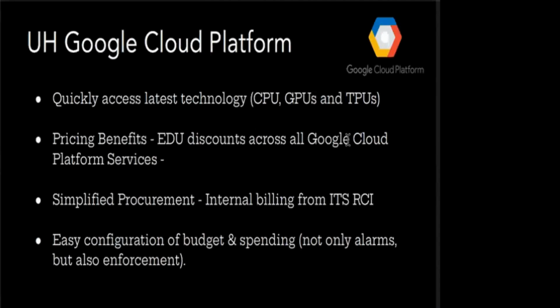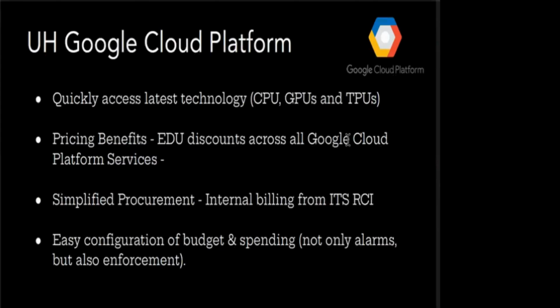Very soon, UH has negotiated a contract. Our CIO, Garrett Nishimi, in conjunction with Research Cyberinfrastructure's acting director, Sean Cleveland, have negotiated a contract with Google Cloud Platform to offer discounted Google Cloud Platform services, which include GPUs, CPUs, and TPUs.